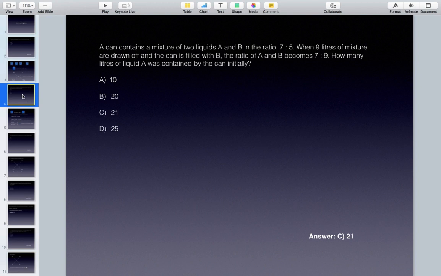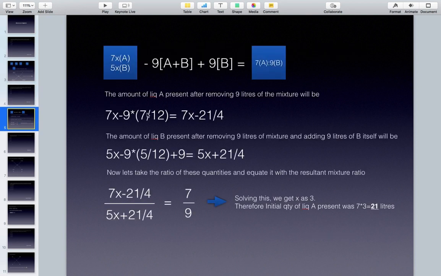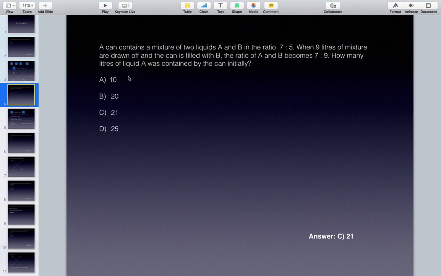And in another way, we can just substitute the options and try that, rather than solving these equations. Just substitute: since 10, 20 and 25 can't be a multiple of 7, better try 21 first.